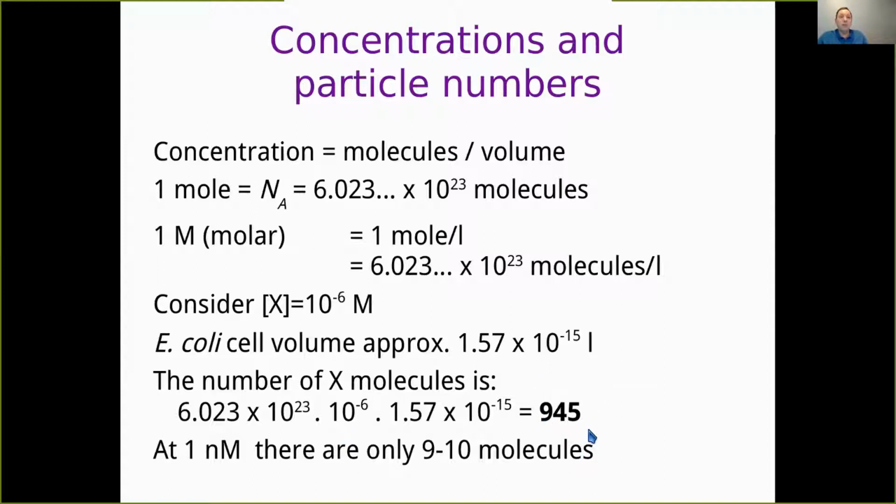So if you have something that is nanomolar, then it's going to be 9 or 10 molecules in the entire E. coli cell. So at the space of a cell, or say an organelle like a mitochondrion, which is probably about the size of a bacterium, you can easily have very small numbers of molecules.